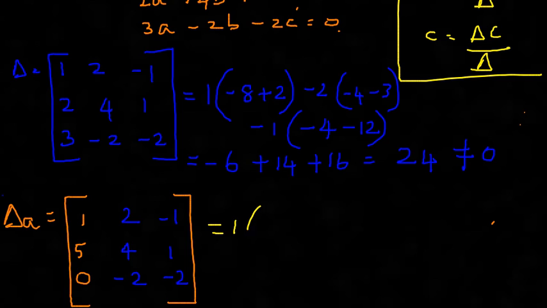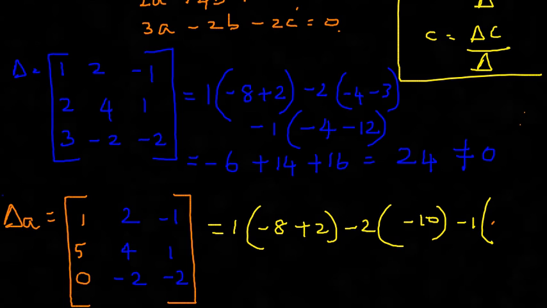It will be 1 into minus 8 plus 2, minus 2 into minus 10 minus 0, so it's just minus 10, minus 1 into minus 10 again, so it's minus 6 plus 10 plus 20 plus 10. So the answer is plus 24. So del a is also 24.